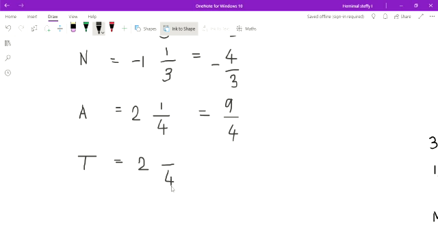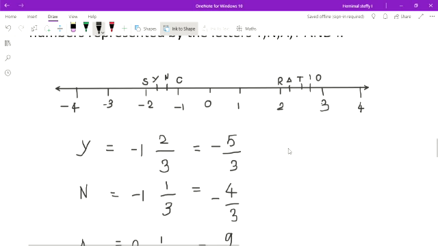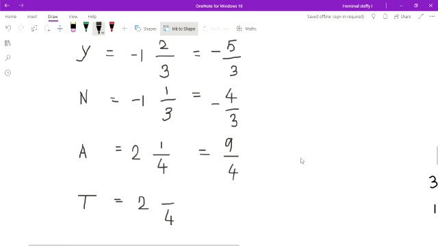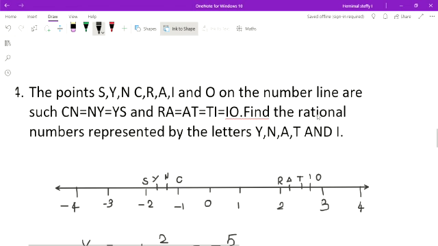We can change only the numerators, because they change according to the letters. T is which place? Second place. So you can write 2. 2 4s are 8. 8 plus 2, 10. 10 by 4. Okay, 10 by 4. Then last, finally I.